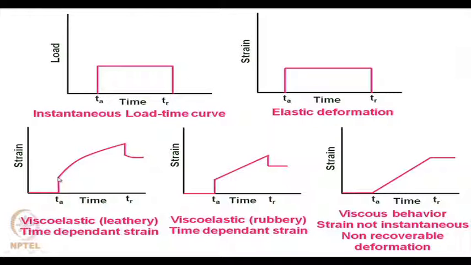There is a contribution from the elastic part of the material and a contribution from the fluid or liquid part, or viscous part, of the material. So, this is characteristic of viscoelastic material, and we find such type of behavior in case of leathery material. This phenomenon is known as time dependent strain phenomenon.